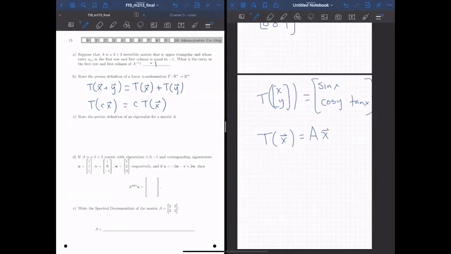Even though we could describe a linear transformation in a lot of different ways, if it truly is linear and satisfies these two conditions, then there is some matrix A that gives precisely that transformation. So instead of thinking of it as plugging into a function, you can think of the transformation as just taking a vector and multiplying by a matrix.